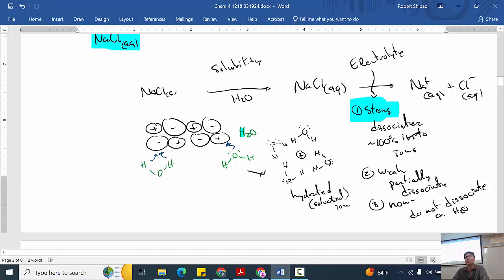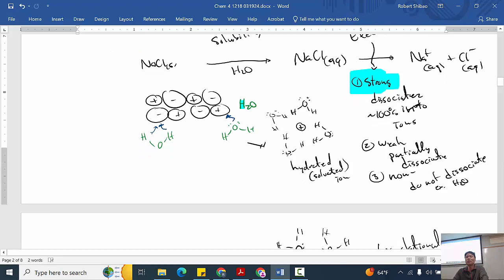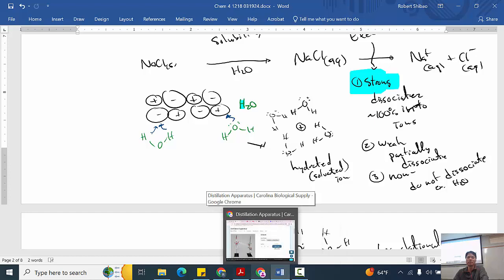Two, what it's going to do when it dissolves is either dissociate, partially dissociate, or not dissociate. And so we look at these three categories here. So sodium chloride is soluble, but what happens when it dissolves? Well, what happens when it dissolves is it dissociates. Therefore, it's strong, regardless of how well or how poorly it conducts electricity.